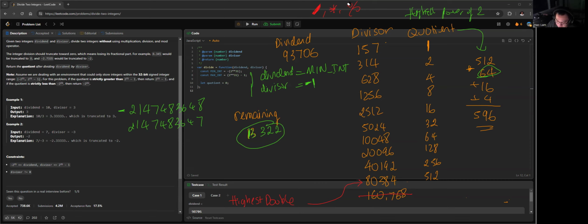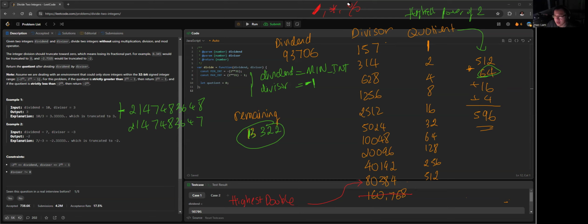This number is a valid number represented in a 32-bit signed integer. It is totally valid for a negative number. So if the dividend is equal to the minimum int, and we divide it by -1, it's going to give us positive 2 to the 31.